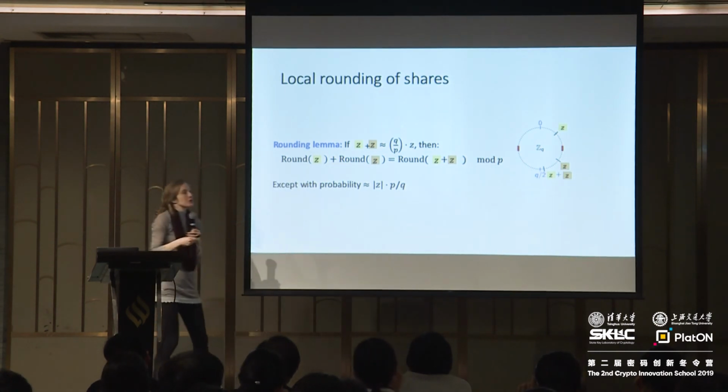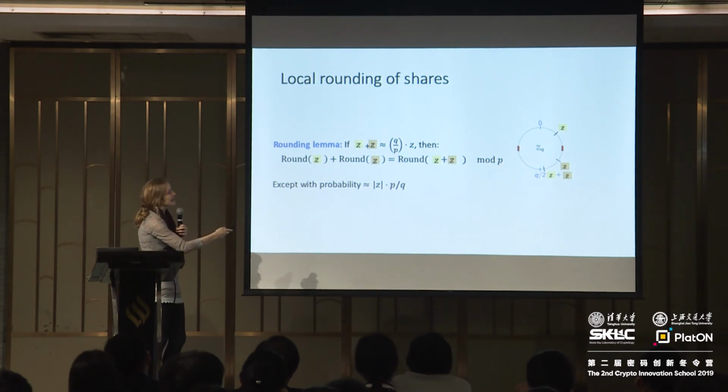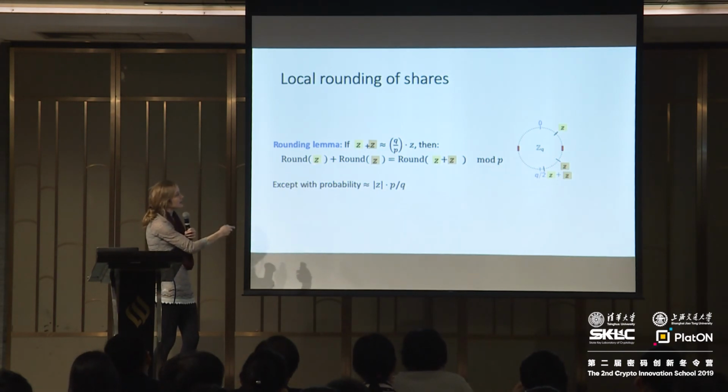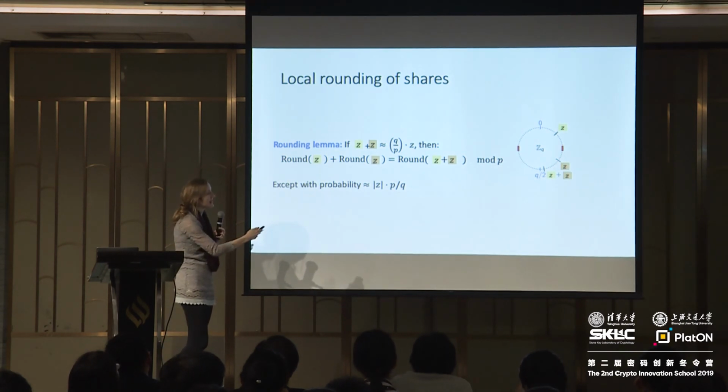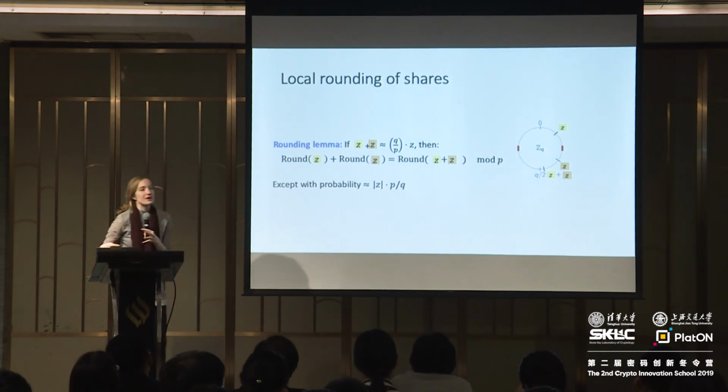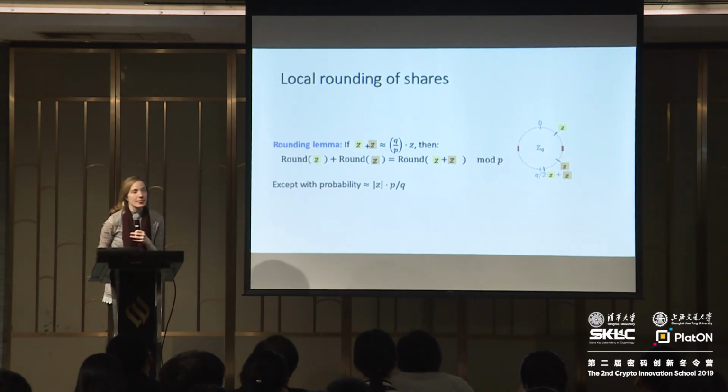But if you go through and do the math, if you do your rounding locally, this is almost free. In many cases, this is the same thing as if we first added and then did the rounding.